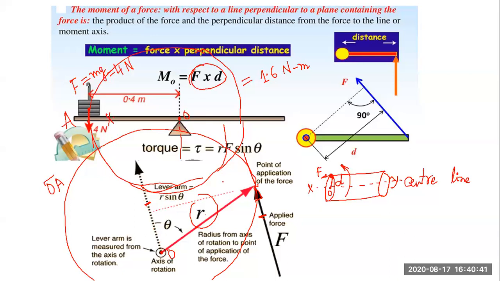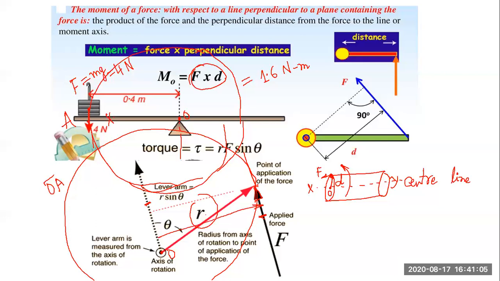So what do we know? F into D. What is D here? This D is the perpendicular distance from this axis of rotation to the applied force or the point of application, or any point from here to here, because these two are parallel forces.